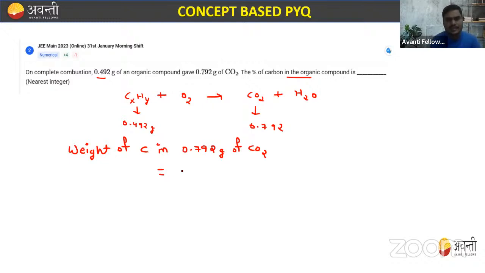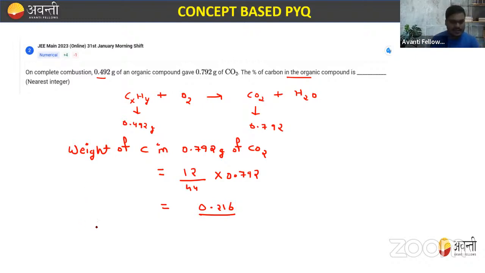Actually, we can calculate by using the formula. We know the molecular mass of carbon is 12 and the total molecular mass of CO2 is 44 gram. Multiply by 0.792. So on solving, we'll get 0.216. So this is the weight of carbon in 0.792 gram of the CO2.